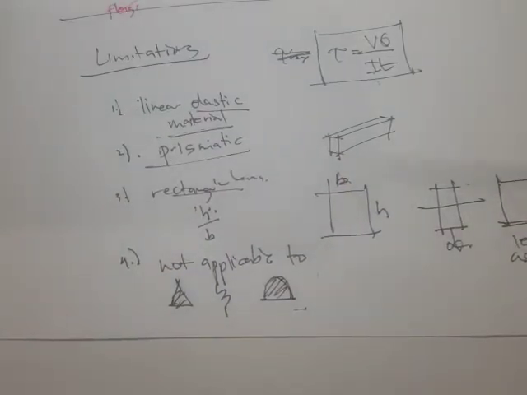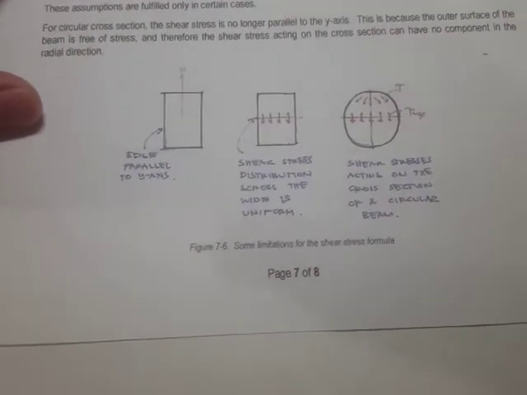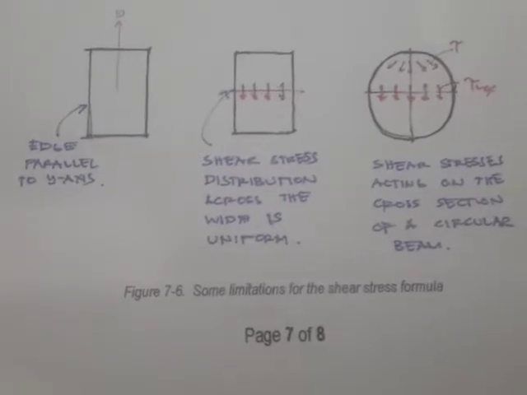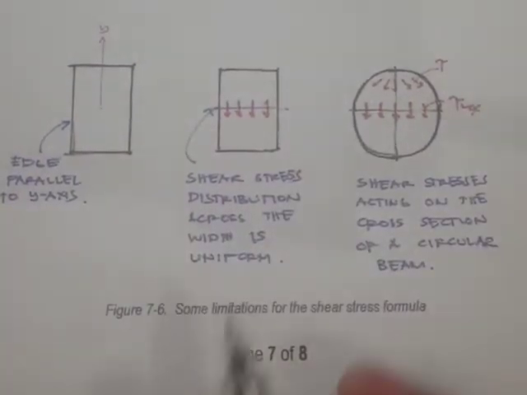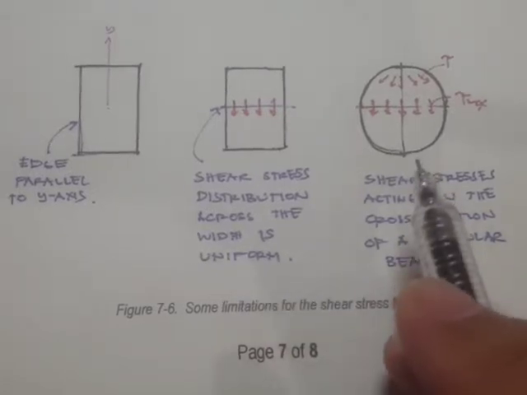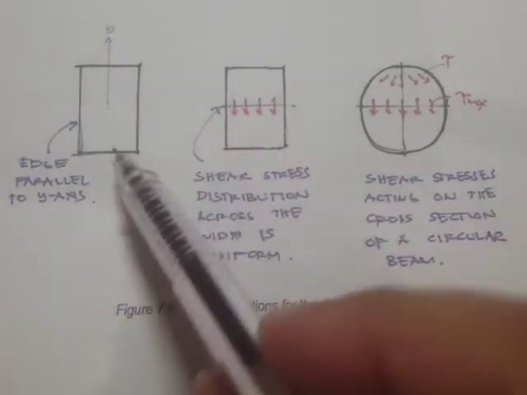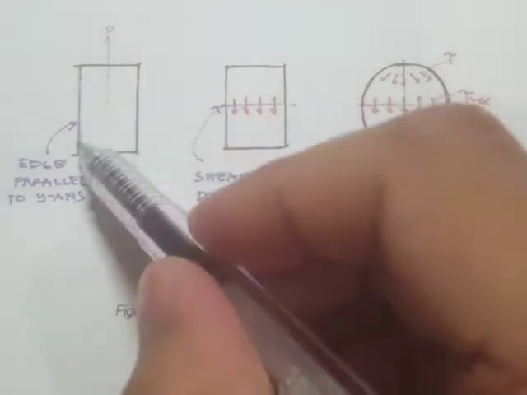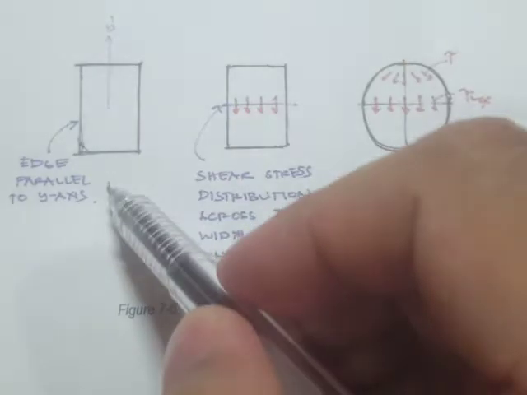In our lecture handouts, also taken from our reference text, there are these figures, figure 7-6, showing some notations for the shear stress formula. To avoid misuse, just take note that the edge of the cross section should be parallel to this axis.